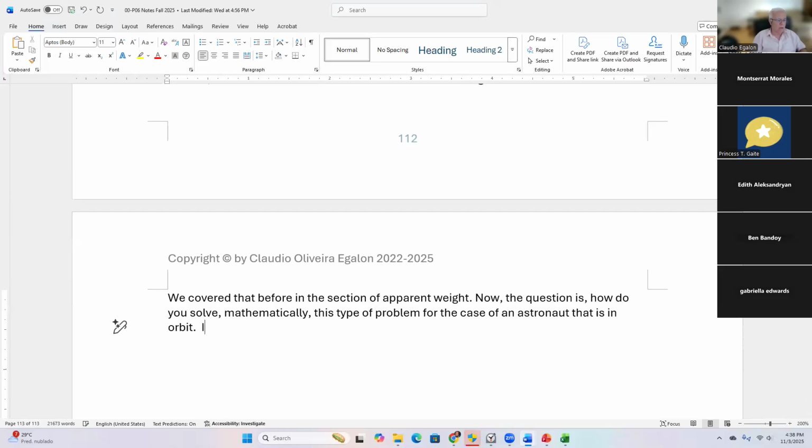In other words, how do you prove mathematically using Newton's law that an astronaut in orbit experiences weightlessness?